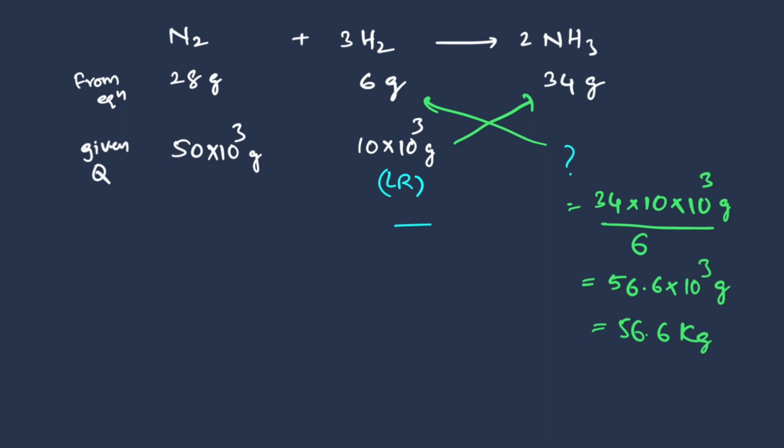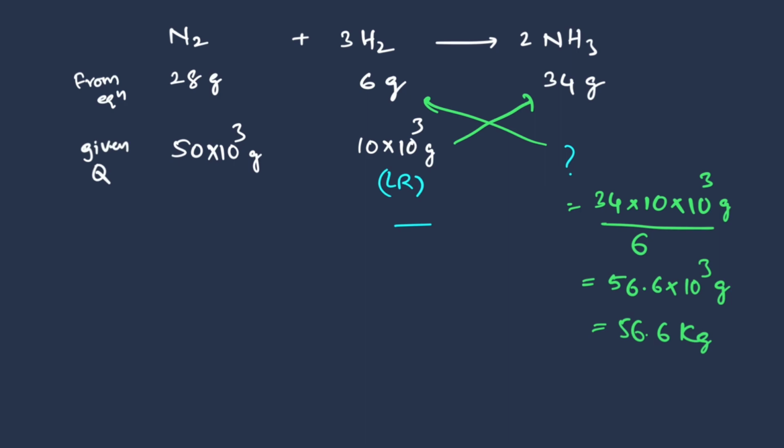I hope you understood how to identify the limiting reagent, how to identify what is asked in the question, and how much excess reagent is left, which we can also find out. This is the simplest trick. It is applicable for board level, competitive exam level, NEET, IIT, every level. It is easiest to calculate.